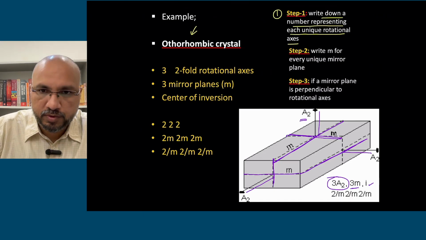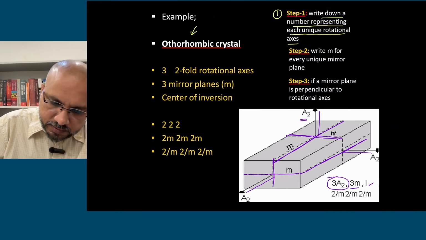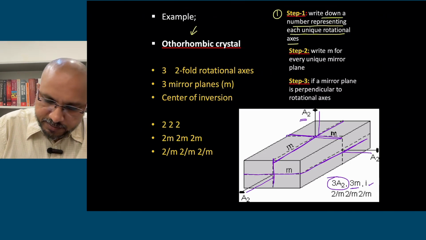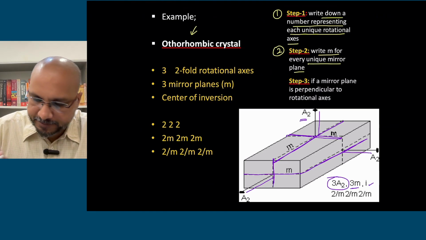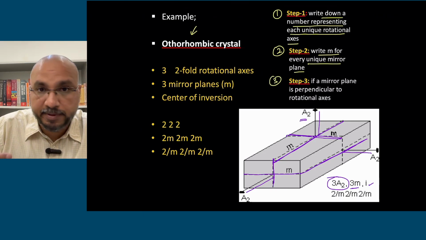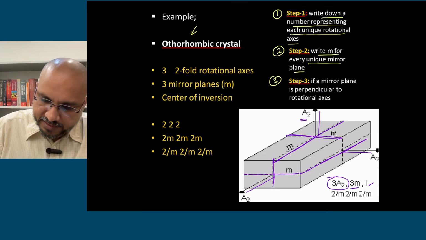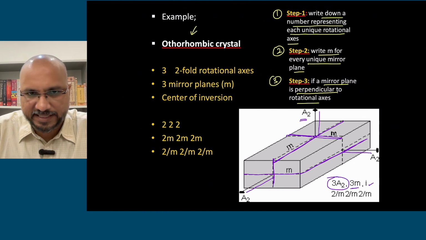Now how do you represent it under the Hermann-Mauguin system? So you first write down the symmetry elements present, then second, how many unique mirror planes are there, right? Third step, you see if any mirror plane is perpendicular to the unique rotational axis. So if a mirror plane is perpendicular to the rotational axis or not, you should check that.